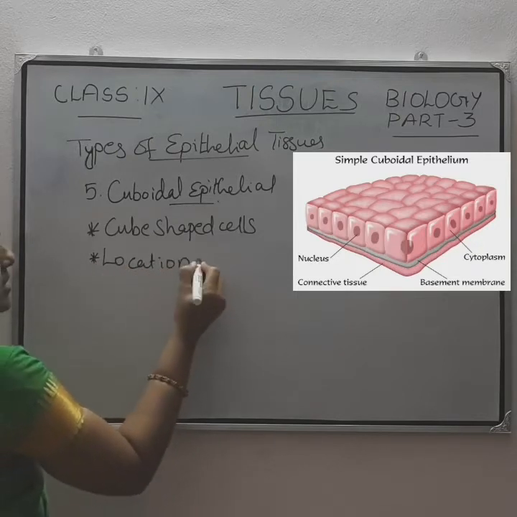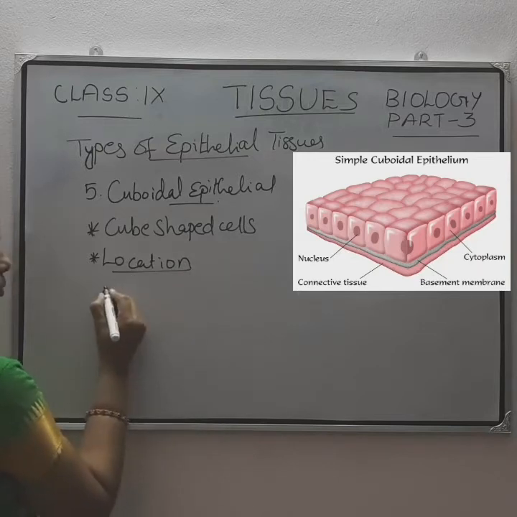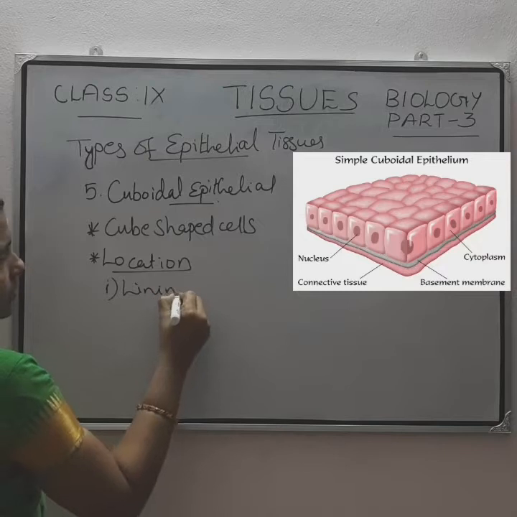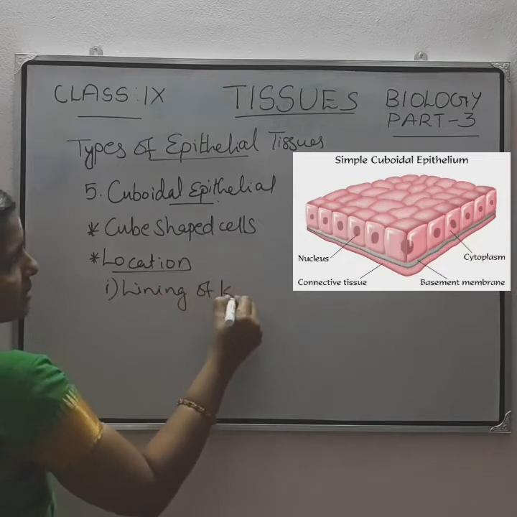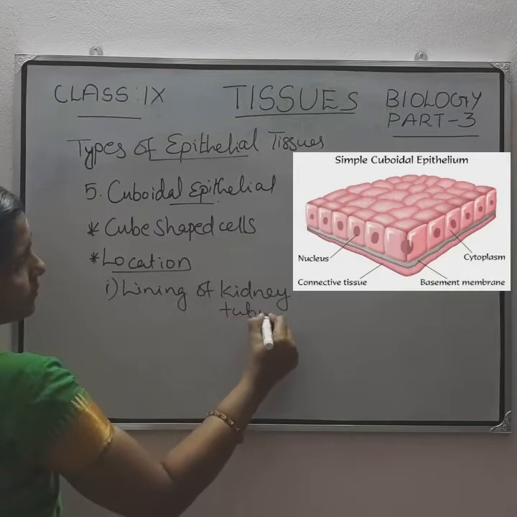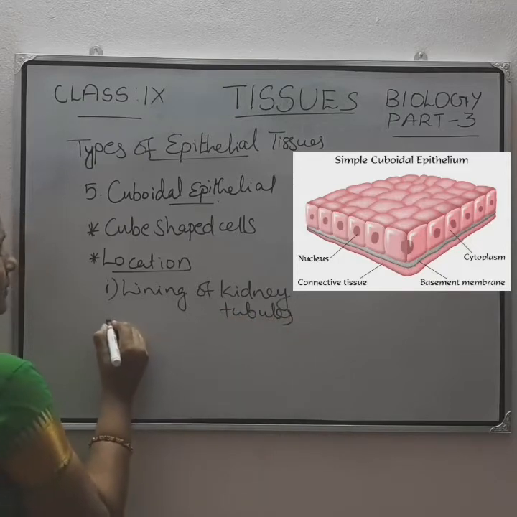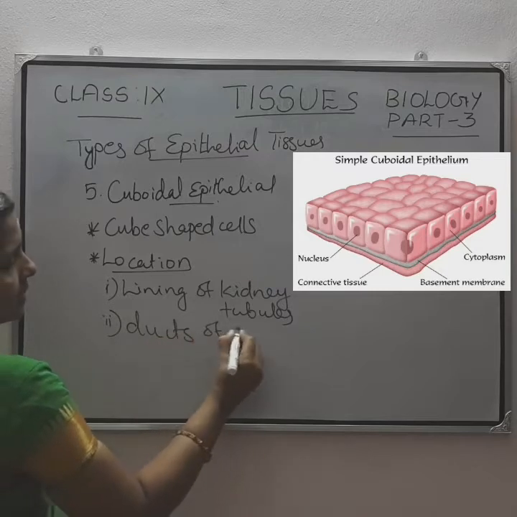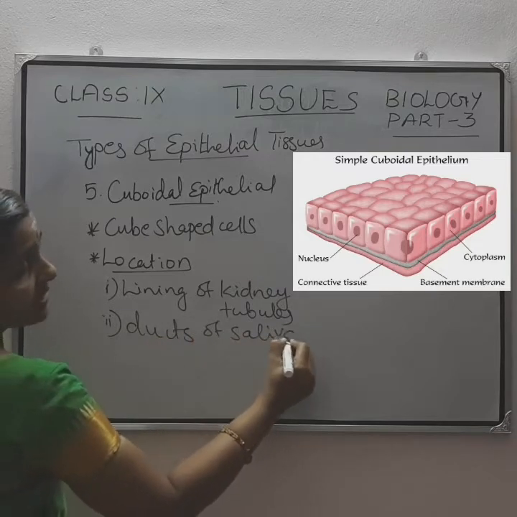This cuboidal epithelial tissue is mainly found in the lining of kidney tubules and also the ducts of the salivary gland.